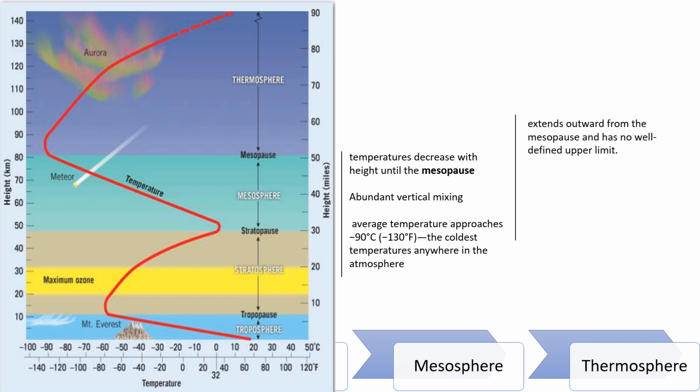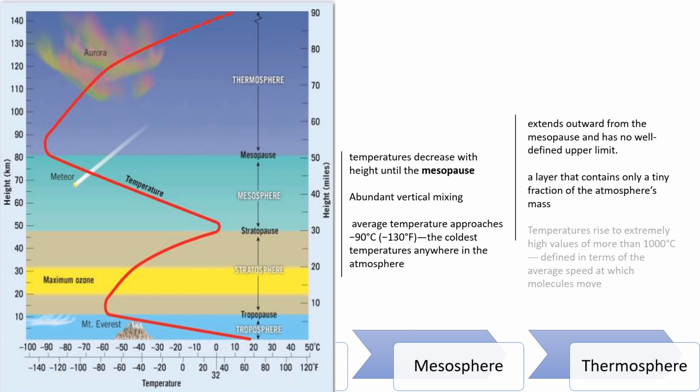Next is the thermosphere. The thermosphere extends outward from the mesopause and has no defined upper limit. It is a layer that contains only a tiny fraction of the atmosphere's mass.